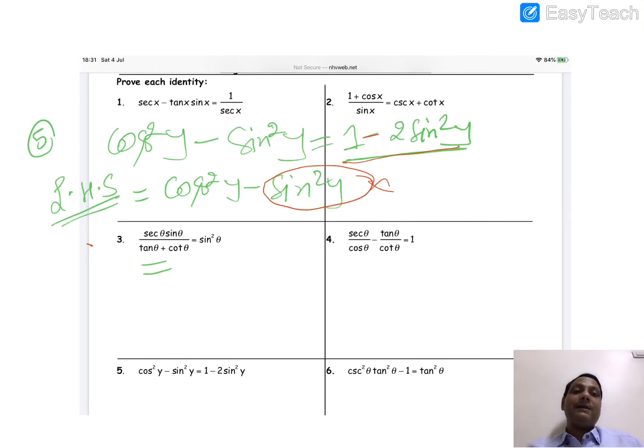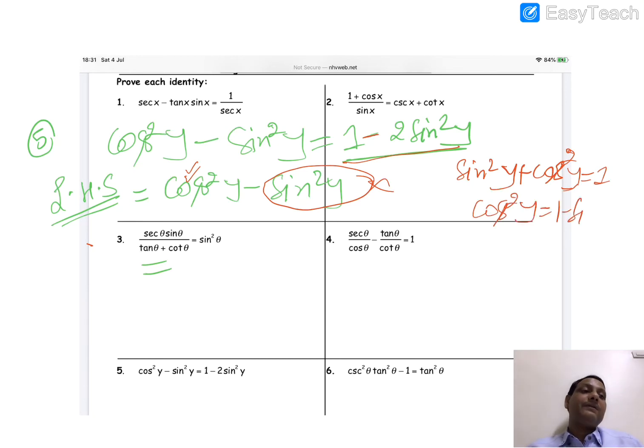I only have an idea to change cos, and you know the first identity: sine square y plus cos square y is equal to 1. So as I need cos square y, cos square y is equal to 1 minus sine square y, right?